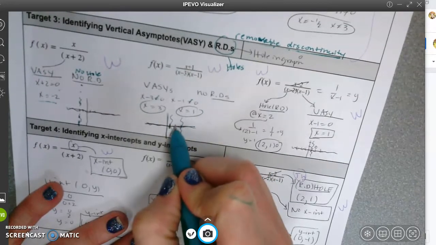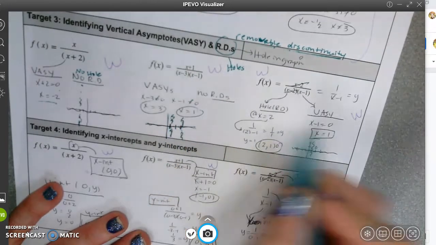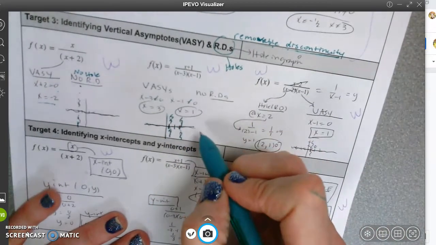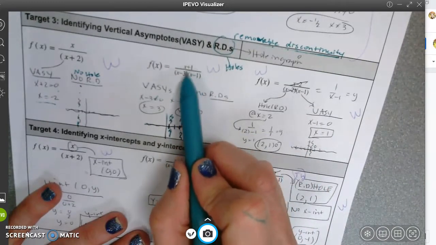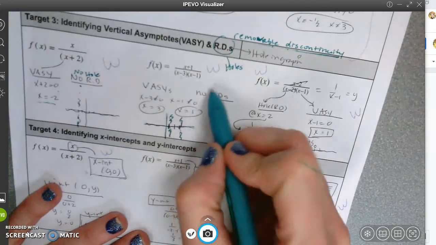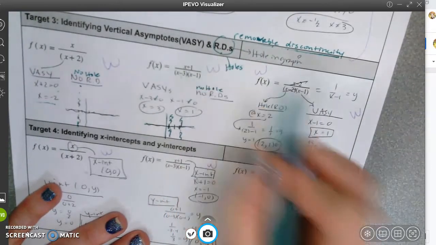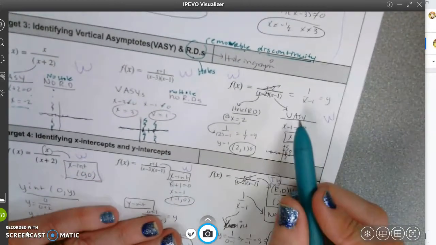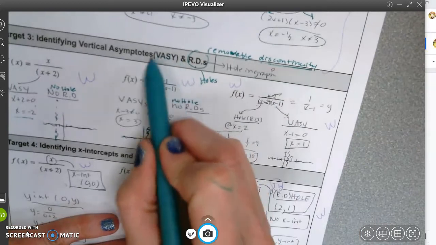You're going to go to 1, you're going to go to 3. You're going to put either a dotted line or a squiggle there. And those are going to be your vertical asymptotes. You want to look to see if anything was reduced. It was not. So again, there's no hole, no RD.